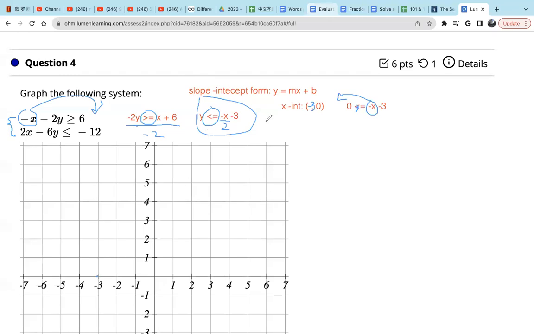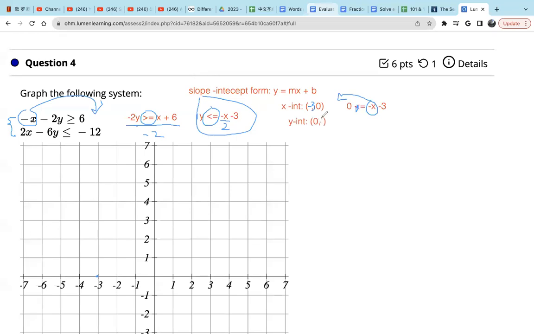Similarly, we get a y-intercept. Y-intercept means x is 0. So y-intercept, that means x value is 0. We need to find the corresponding y. So if x is 0, obviously negative 0 divided by 2, that's 0. So y equals -3.